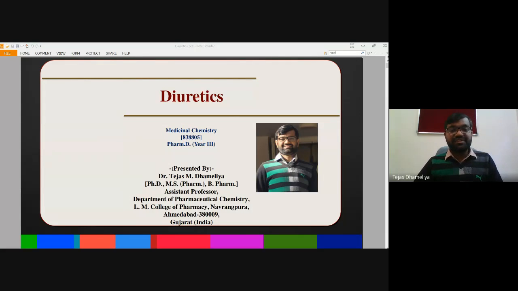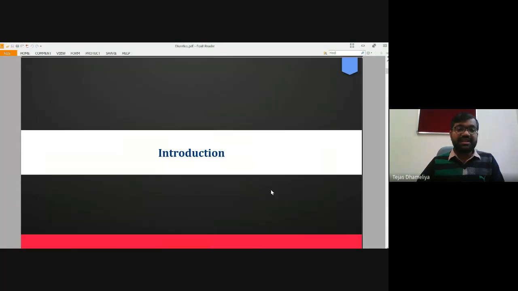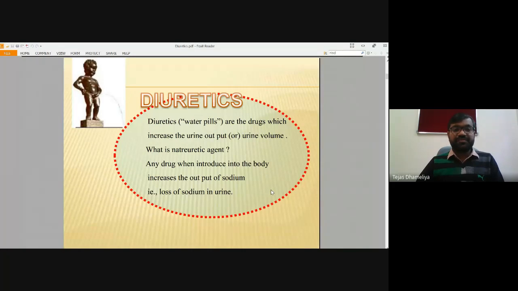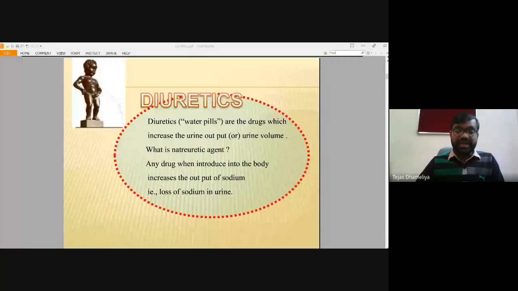So in the last session, we discussed among these diuretics their basic introduction. I mean to say our afterload and preloads.